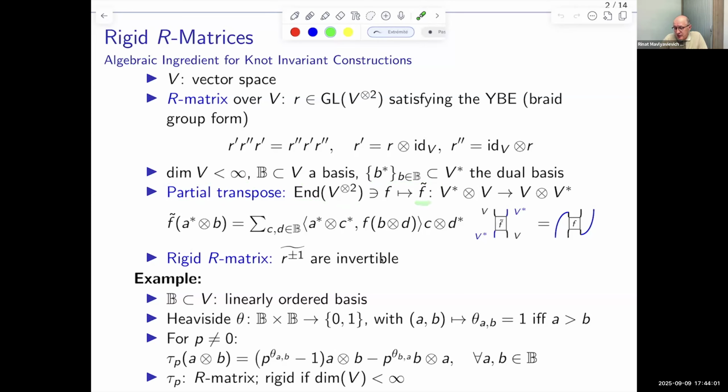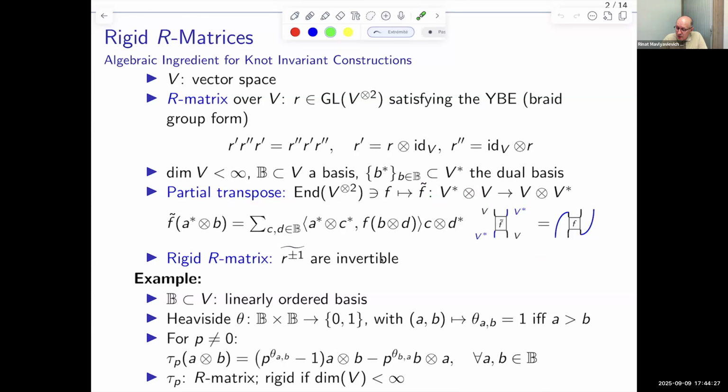The partial transpose is denoted by tilde, like here, and it is a map from V dual tensor V to V tensor V dual, and here is an explicit formula in terms of basis and dual basis elements. It is easier to visualize this graphically.